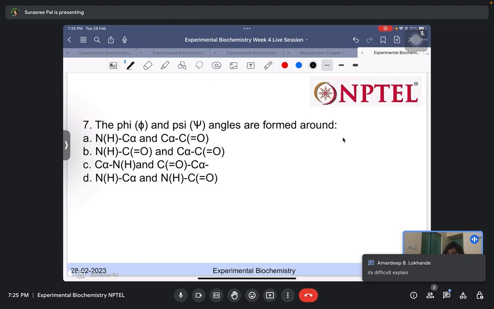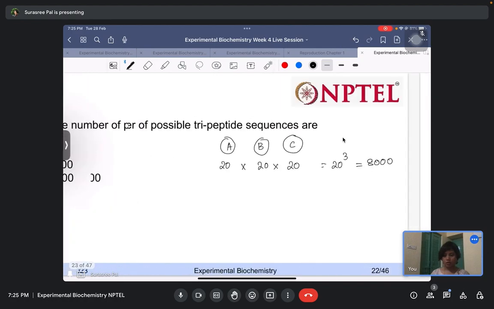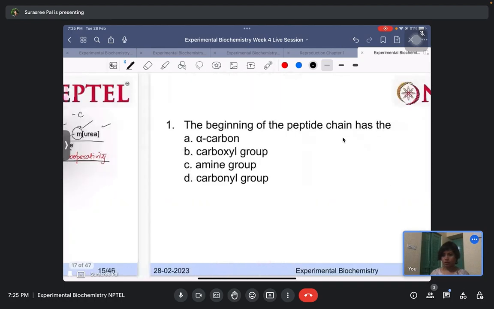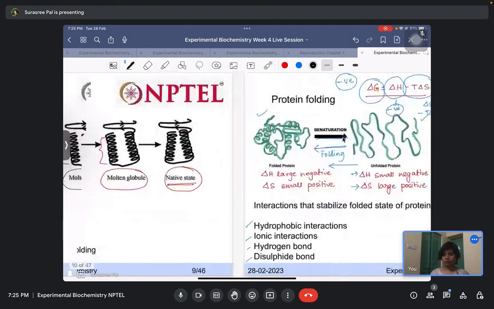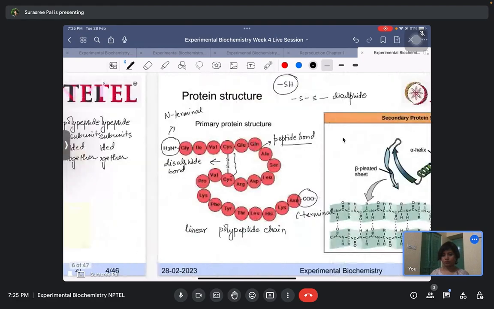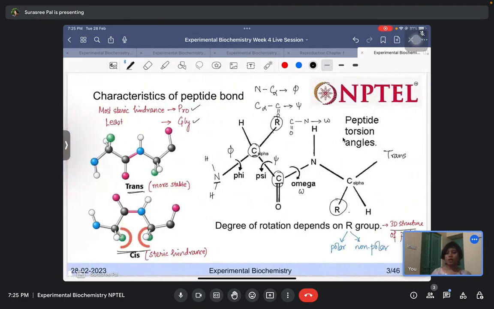Okay, the phi and psi angles I have explained previously. I think you hadn't joined back then. So these are torsion angles. What are these torsion angles? These are basically the angles by which the different linkages in the peptide bond can rotate or move. So the angles by which they can move are the torsion angles.